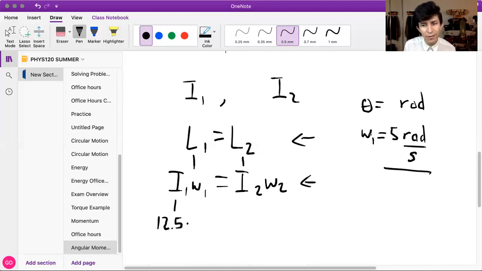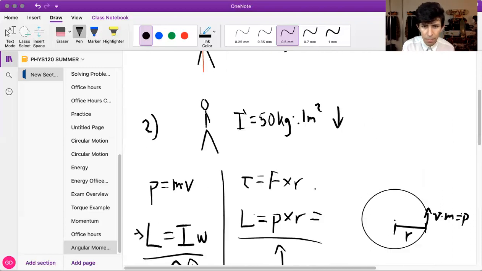So if the angular velocity for the first case is 5 rad per second, we've already discussed how velocity is related to angular velocity. The faster you're spinning, the higher the velocity, so the angular velocity is higher too.